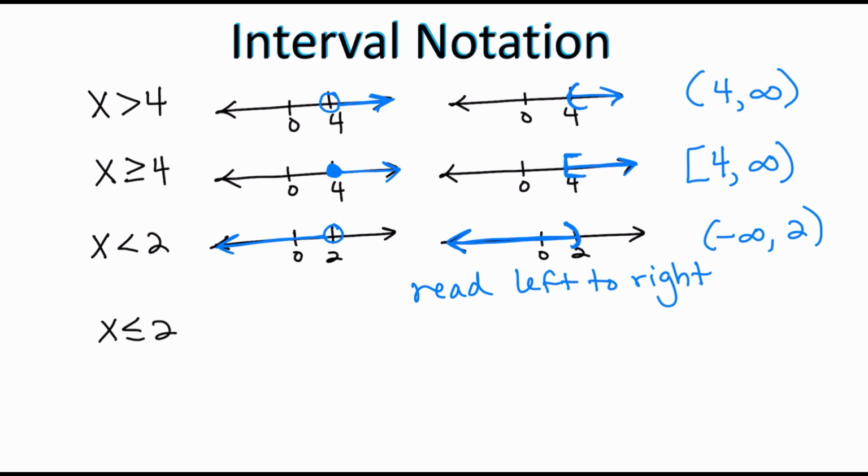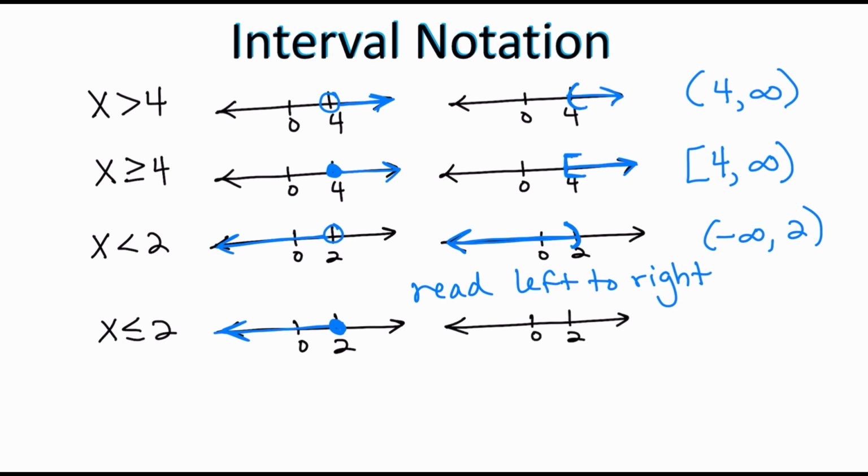Let's compare that to x is less than or equal to positive 2. Again, back in the days, when you first started learning this in either pre-algebra or algebra 1, you would have a shaded circle, and then you shade everything to the left on the number line. This time around, we're dealing with either brackets or parentheses.